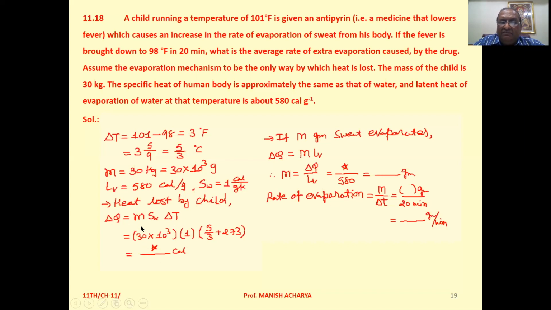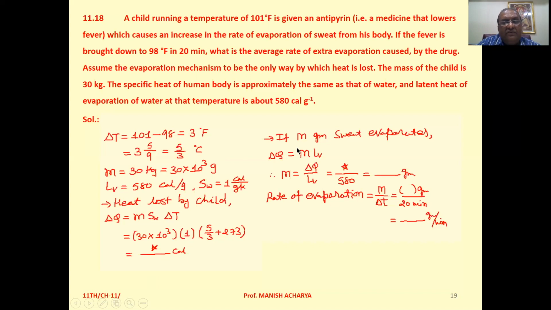So mass, that is 30 kilograms, so 30 into 10 raised to 3 gram. Specific heat of water 1. Delta T, that is 5 by 3 degrees Celsius. So in Kelvin we can write 5 by 3 plus 273. Clear? Now solve this one, you will get heat lost.